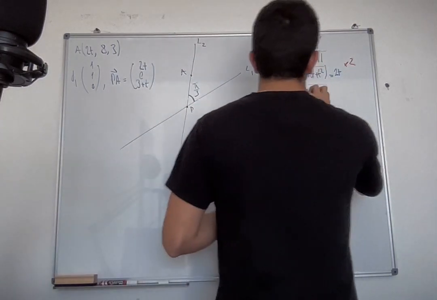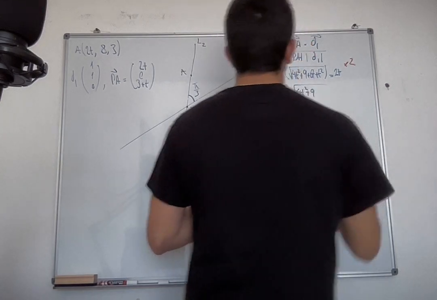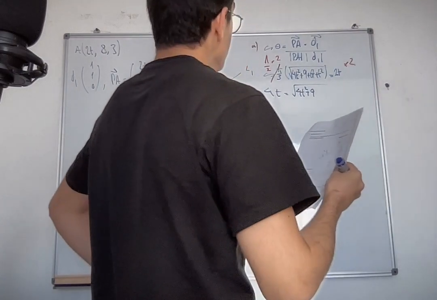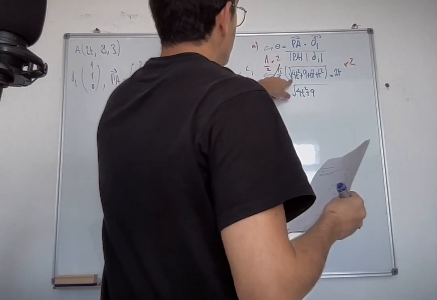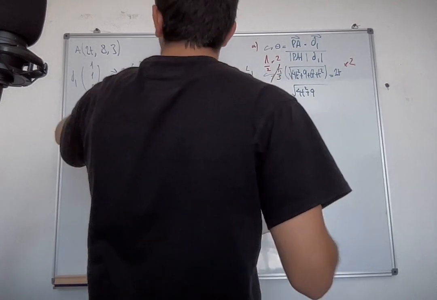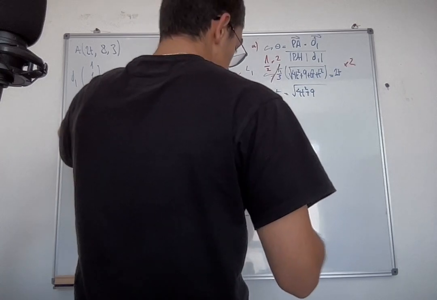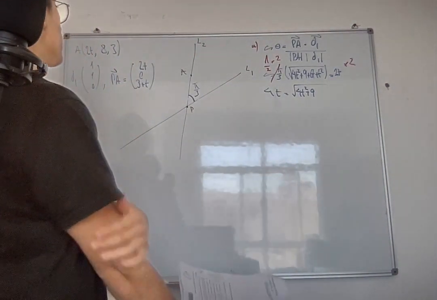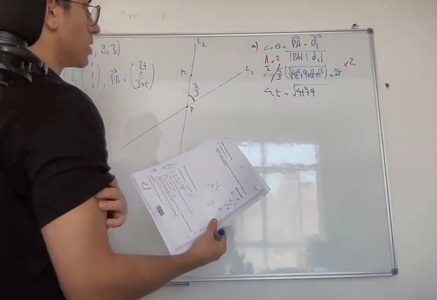It appears that I've made a slight mistake. Where is my mistake? 4t squared, this is 0, and then 3 plus t squared, which is 9 plus 6t plus t squared.